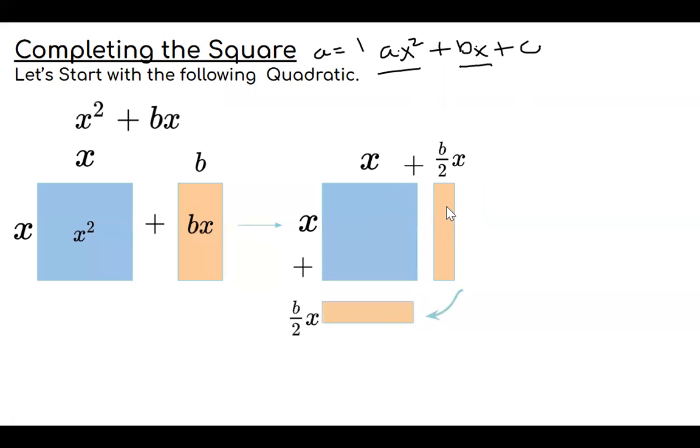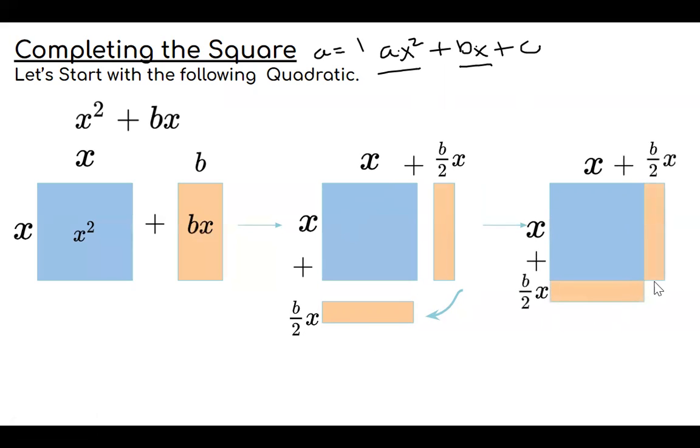So it's half a piece and half a piece, b divided by 2 and b divided by 2. However, notice that when I put my pieces together, I have a little piece missing right here. Therefore, my square is not complete.